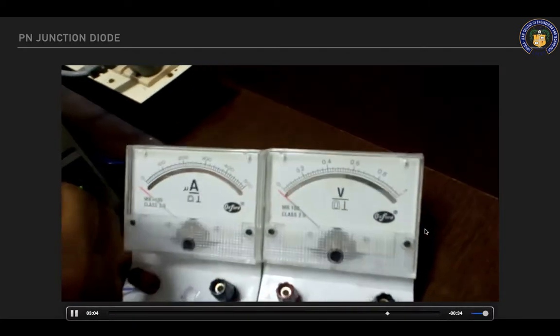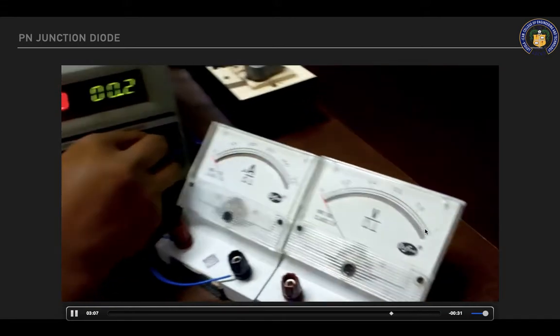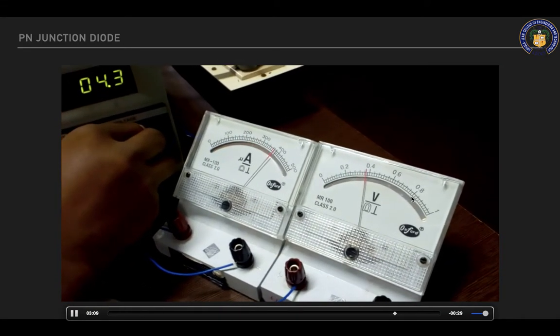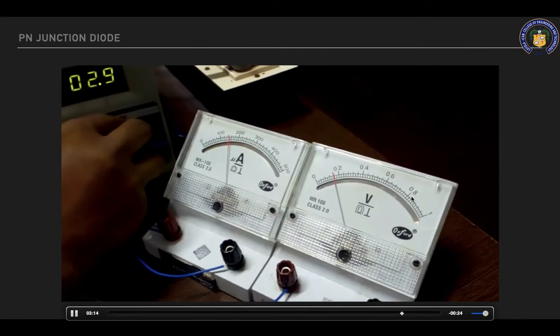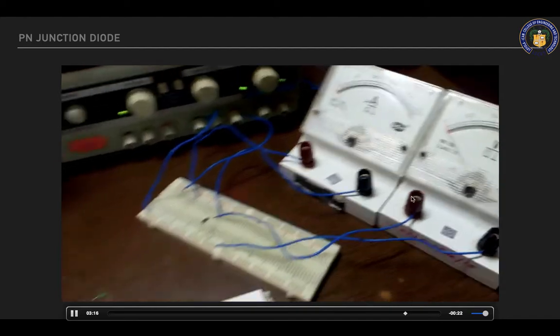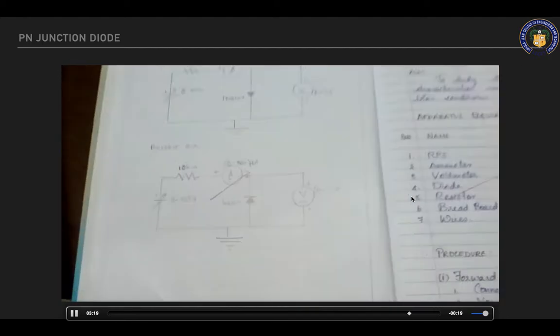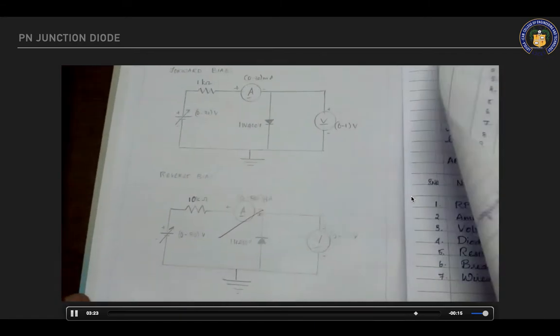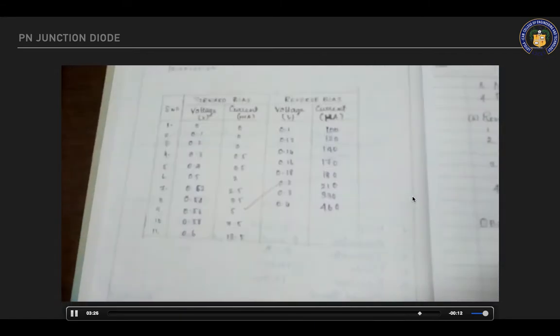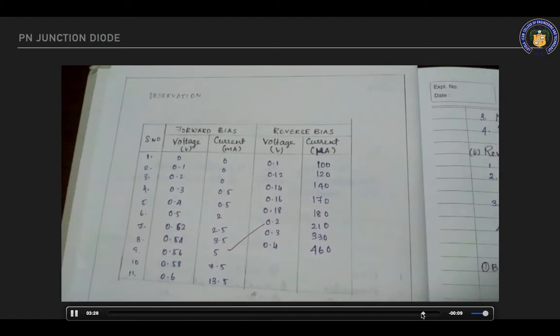Take corresponding readings varying the voltage. Now you take down the readings, plot it in the graph, and find out the necessary values.